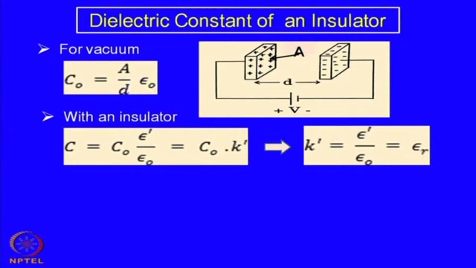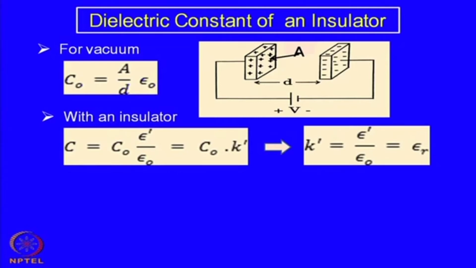In some places one can see only K, but K prime is a better representation. That will be clear when we discuss later why we are using K prime, but in much literature you will also find just K as the dielectric constant, and epsilon r as the relative permittivity, which are basically the same quantity.